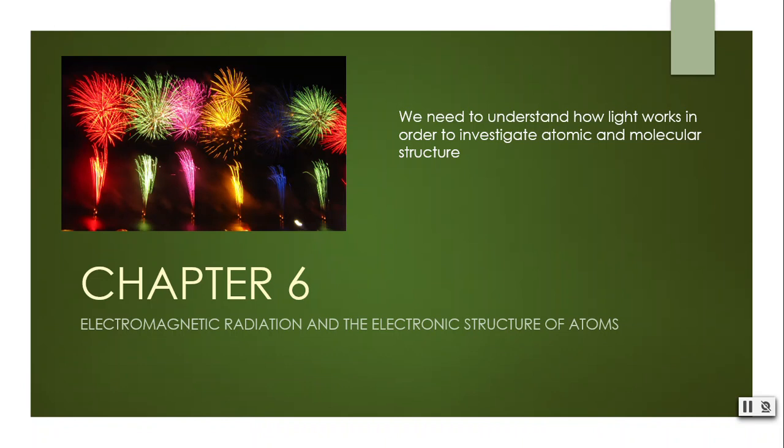Normally when I present this lecture in the summertime, it's usually around the 4th of July, which is convenient because I love to show this pretty picture of fireworks. I know it's not the 4th of July right now, but I showed this picture and these beautiful colors that are produced with fireworks because the colors that we see with fireworks are a function of the property of the electronic structure of atoms.